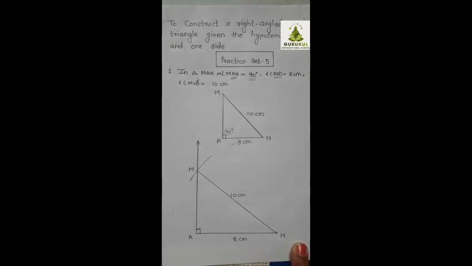So this is how we are supposed to construct a right angle triangle when hypotenuse and one side is given. Now in practice set 5, remaining question number 1, 2, 3, 4 all are of the same type. You observe this video again and again and solve the remaining questions in your maths notebook. Thank you.